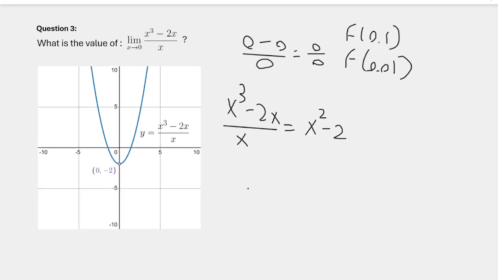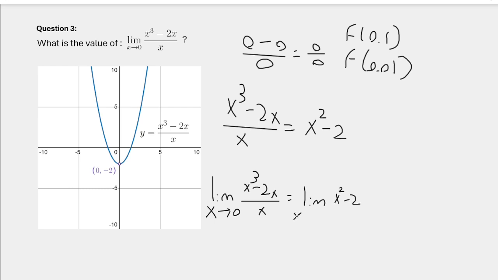Or in more mathematically rigorous terms, we can say that the limit of x cubed minus 2x over x as x approaches 0 is equal to the limit of x squared minus 2 as x approaches 0.